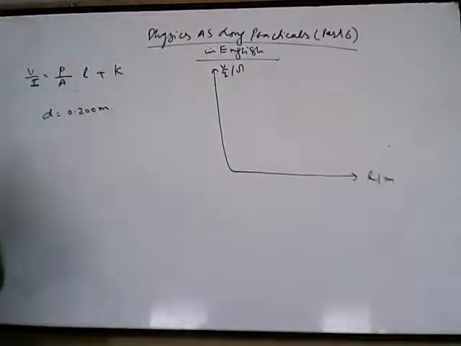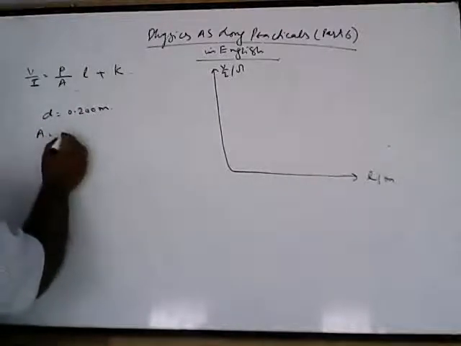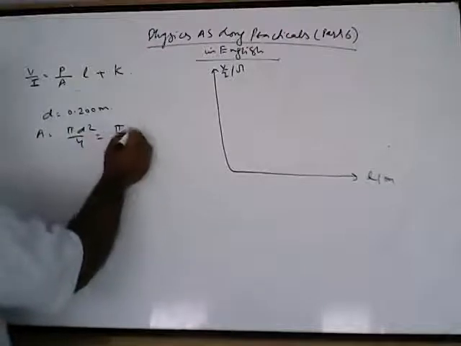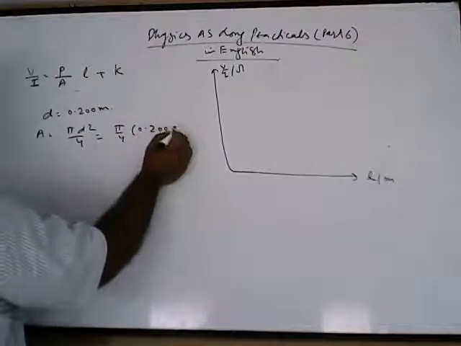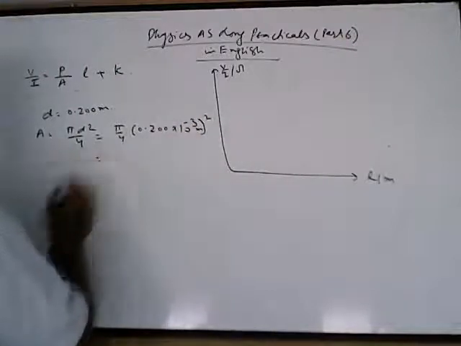A is the cross-sectional area. Now first you will calculate A. So A is pi d square upon 4, so pi upon 4 into 0.200 into 10 power minus 3 meter square. So this will be coming in meter square.